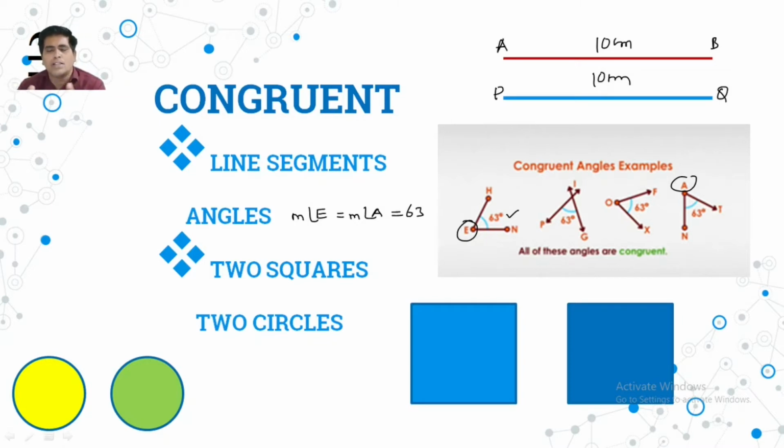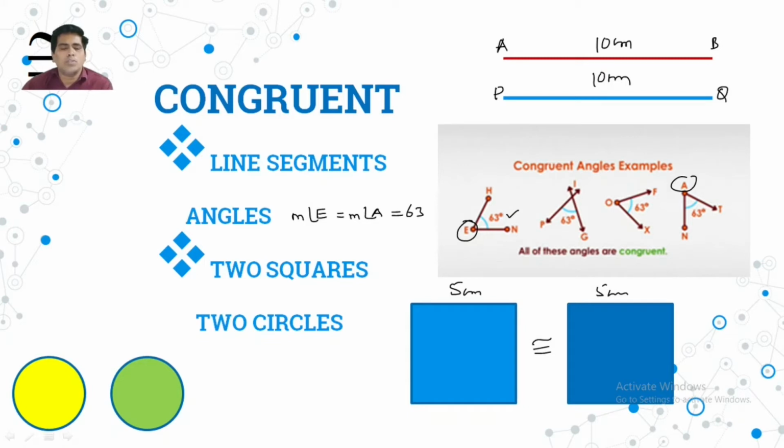Then these two angles are congruent angles. Next we talk about two squares. These two squares are congruent because each side of the square is the same. If this is 5 centimeters, this is also 5 centimeters, and this square also has sides of 5 centimeters. So both are congruent figures.